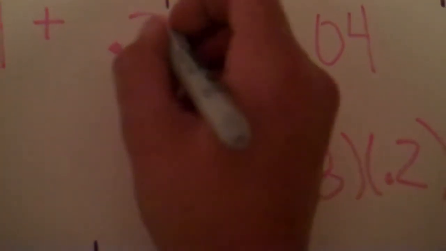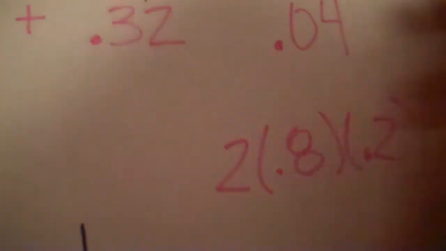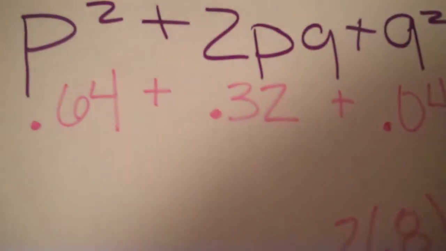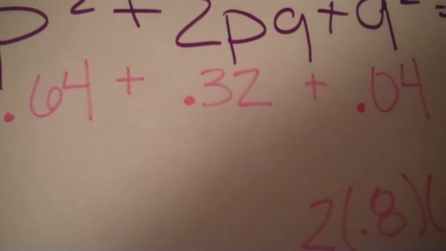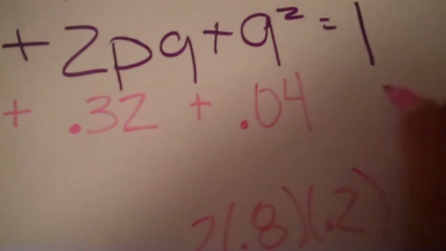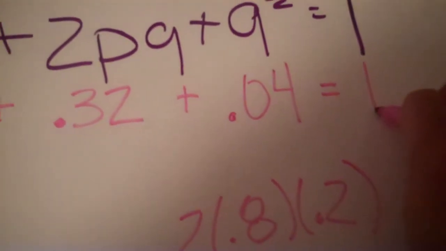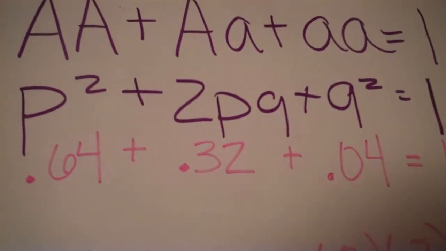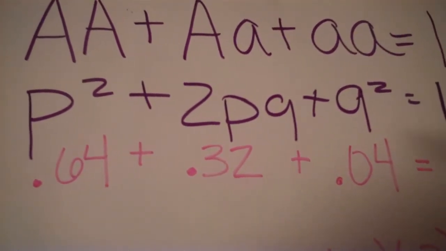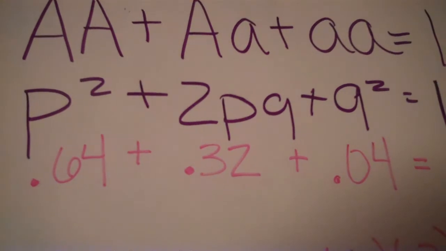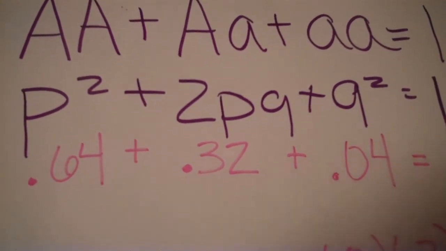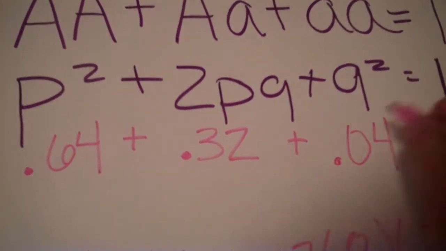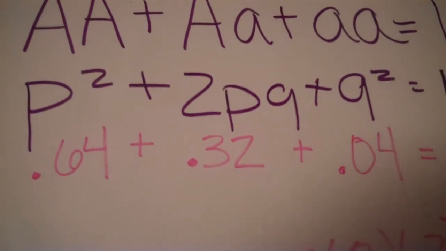And then you can plug that in for 2pq. And if you add 0.64, 0.32, and 0.04 together, it should equal the value of 1, which it does. So then you know that you successfully figured out what p squared, 2pq, and q squared are.